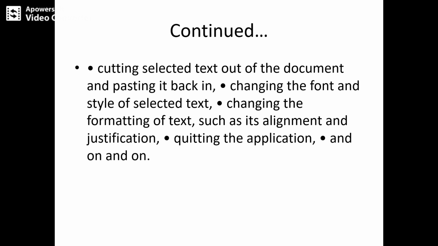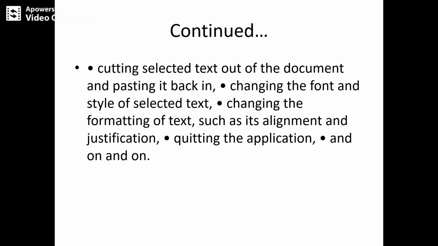That all comes under the user operations. Similarly, changing the font and the style of selected text. In a Word file, for example MS Word, if you are selecting particular text, we need to select it.